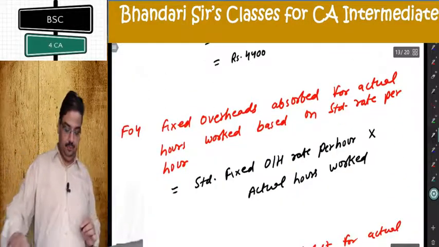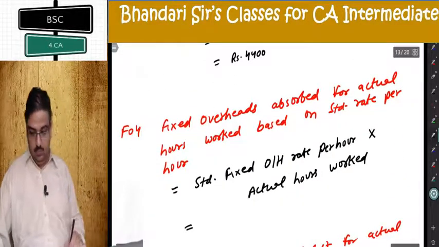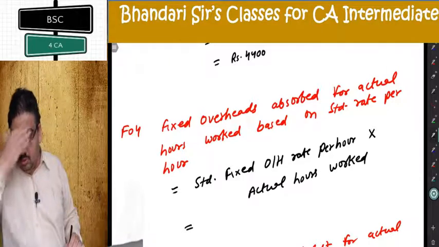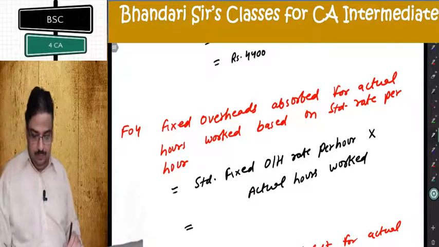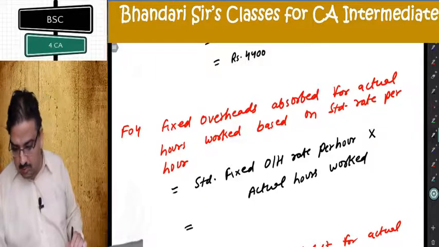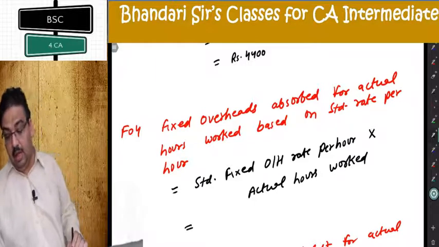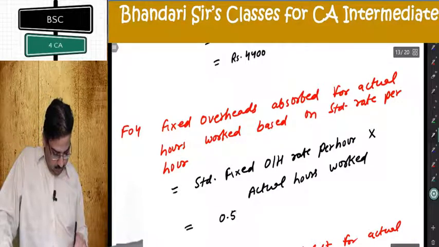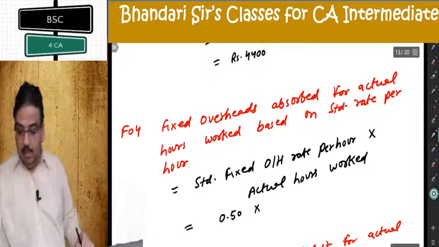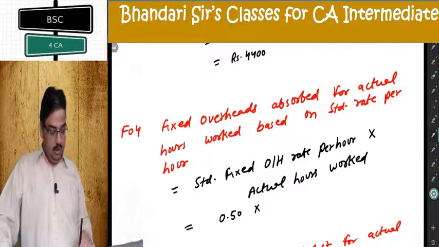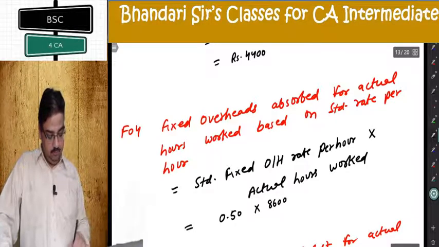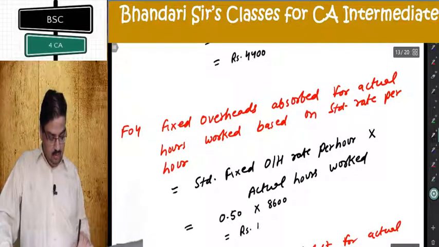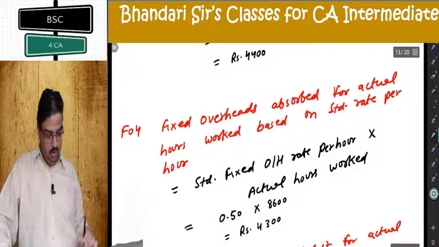FO4. Budgeted overhead 4000. That will not be needed. Budgeted rate per hour 50 paisa multiplied by actual hours worked 8600. That makes rupees 4300.